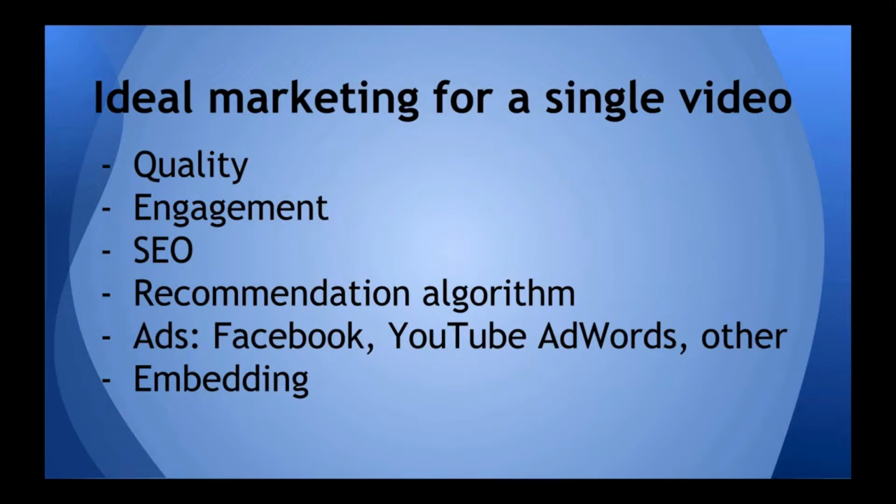There is a list of other videos you might be interested in watching, and what you want to do is get YouTube to recommend your video next to really highly viewed videos. That only kicks in if you have a good video with good engagement and good SEO and you're getting initial views. And it promotes you next to videos that have similar numbers of views. So the more views you have, the more YouTube promotes you next to bigger and bigger videos.